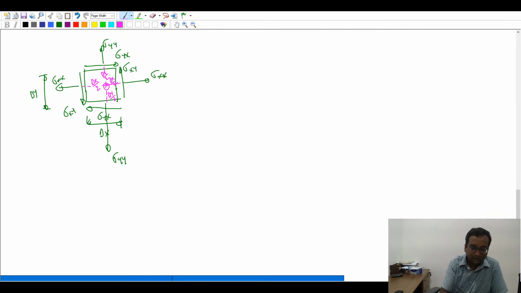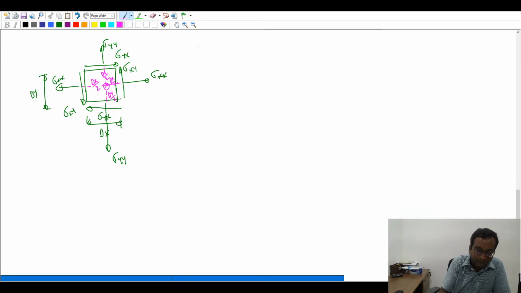Okay, because the resultant normal force will act at that location, assuming it's uniformly distributed along that face. Okay, so now what happens? Now the moment is due to the sigma xy and yx components of the stresses alone, right? So what do I have?